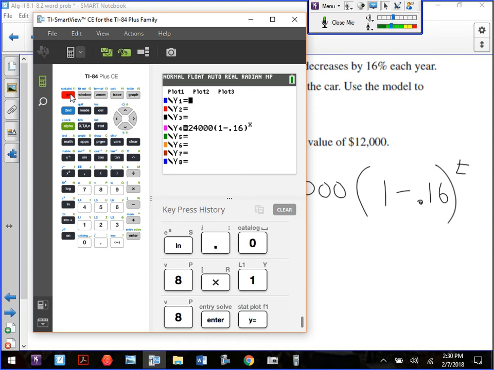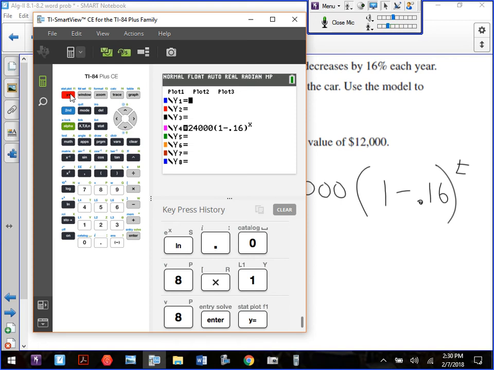So if I type that into my Y equals, the easiest, and then I know later on I had a question that asked me about how many years this is worth 12 grand, I'm just going to automatically go to my table. I put this in because for any one of these types of growth or decay models, I'm never going to have you graph that by hand because those graphs just look like crap. They're so hard to do, and there's no reason to do it. You have a calculator that has a table. You should just know how to use it. We'll just learn how to use it.